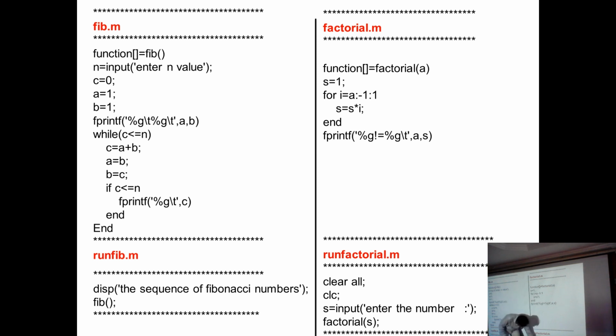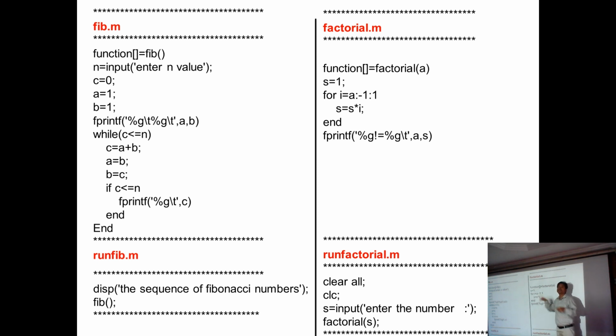Now factorial of s, I am sending s to the factorial function. So whatever s is written here will be the input for the function called factorial. That means, if I read s as 30, the control will go here and 30 will be copied here. Now a is 30, so I loop from 30 to 1.